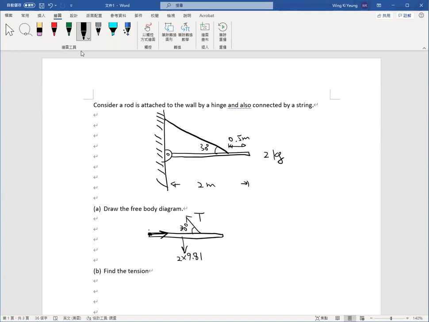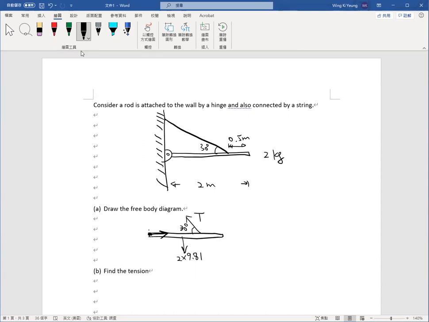So the hinge is a really very annoying part in the question, because we can't tell what direction the force is at the hinge. So it's better for you to let the two forces at the hinge be one vertical and one horizontal.